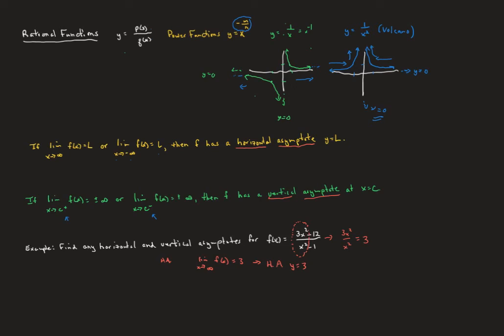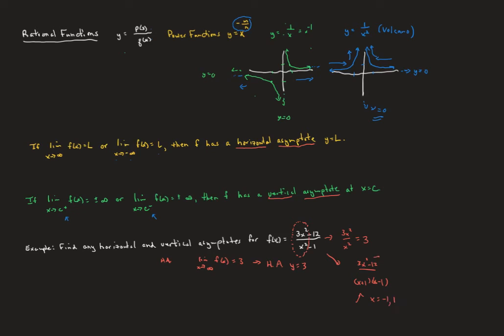If we look at this 3x squared minus 12 and then factor the denominator, x plus 1, x minus 1, then we can see that the places where the denominator is equal to 0 are 1 and negative 1.